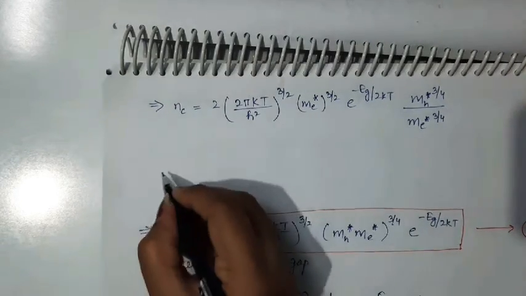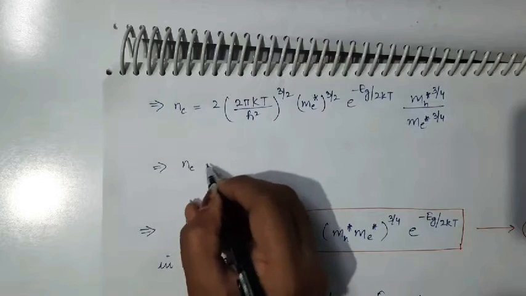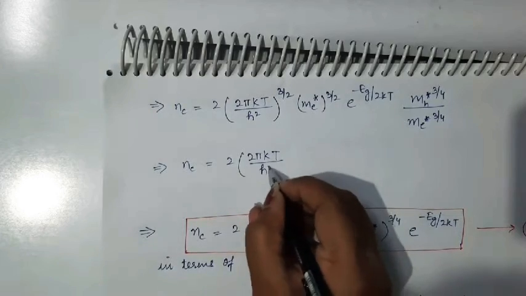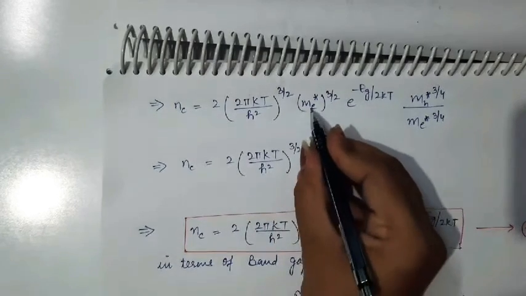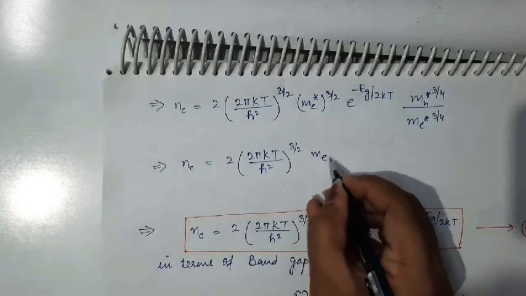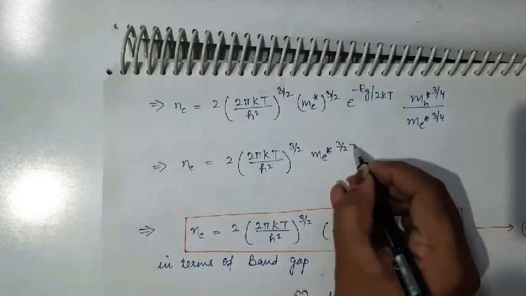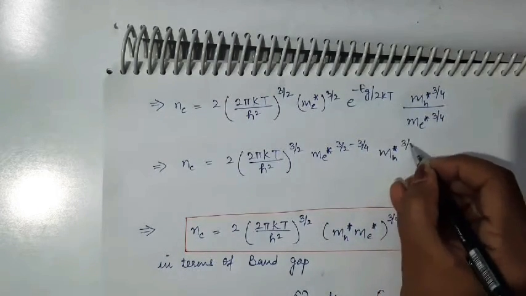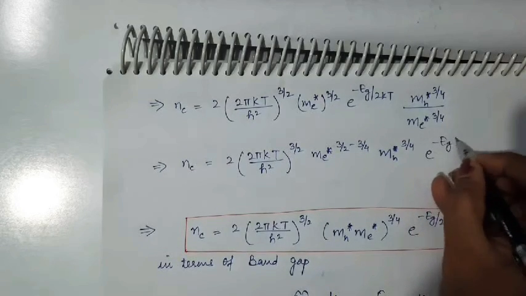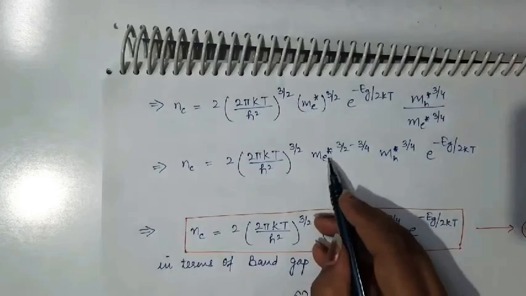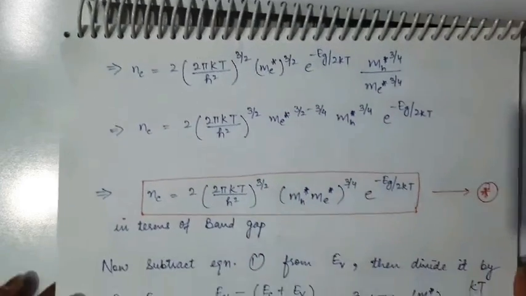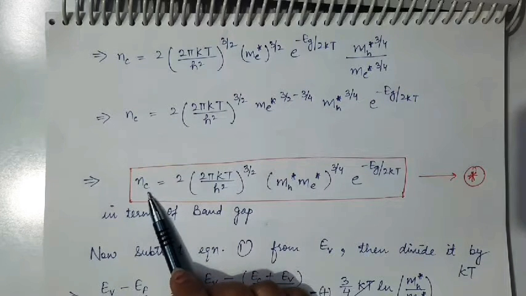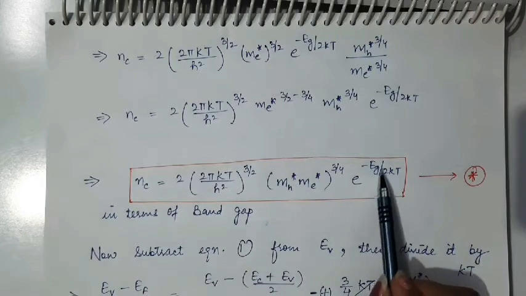In the next step, 2 into (2 pi kT upon h square) raised to power 3 by 2. Here the base is the same and the powers will be subtracted. This will become me star raised to power 3 by 4, and we will get this expression. So this is the expression for the number density or the concentration of electrons in the conduction band in terms of the forbidden gap Eg.